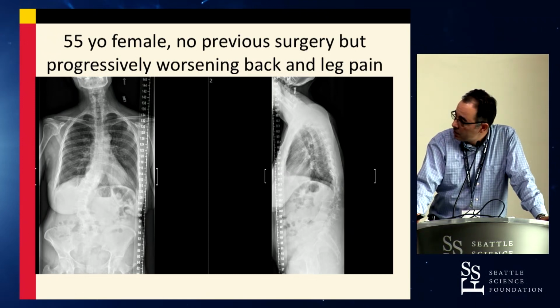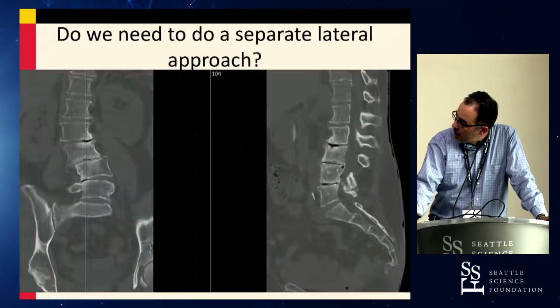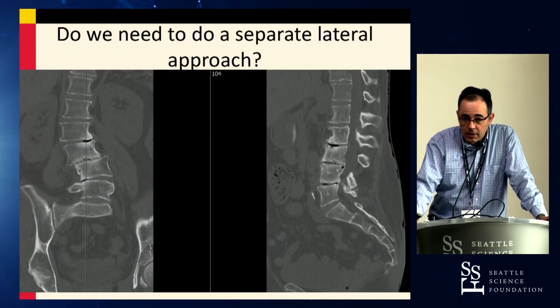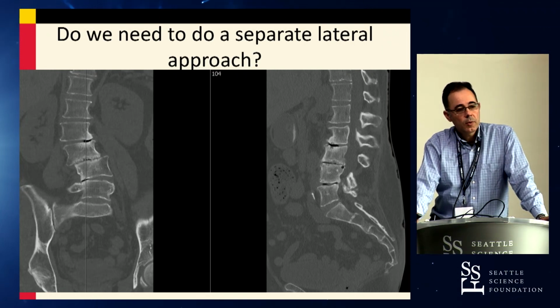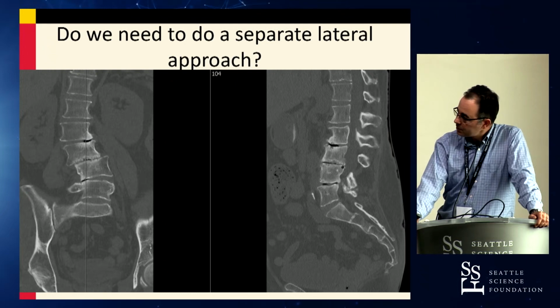And this patient is someone in whom I contemplated lateral surgery. But one of the things that I noticed was that she did have a reasonable amount of gas in multiple disc spaces.